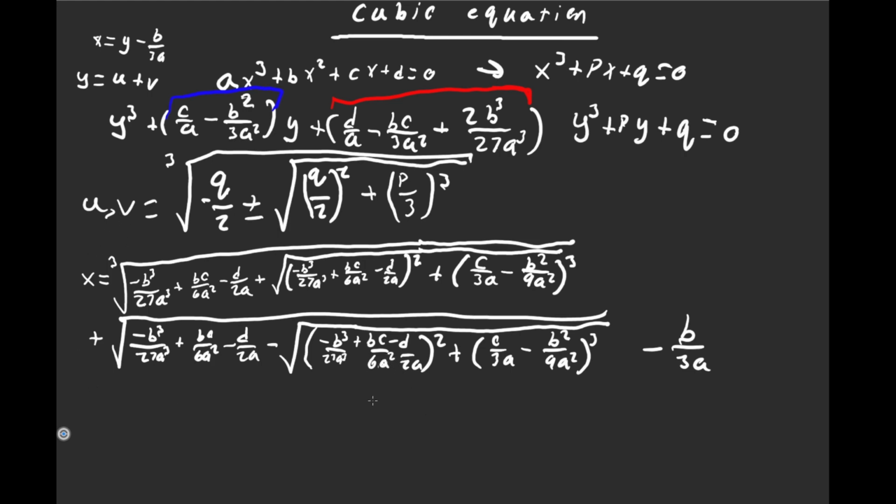So we get this long formula here, which is the solution to a general cubic in terms of a, b, c, and d. And we will now go ahead and look at some worked examples. But first, let's clear this up really quick since we don't need most of this stuff here.